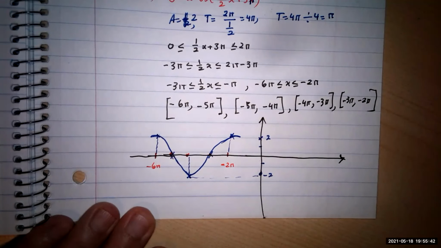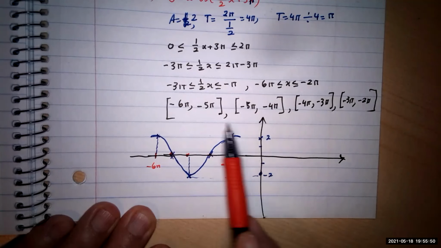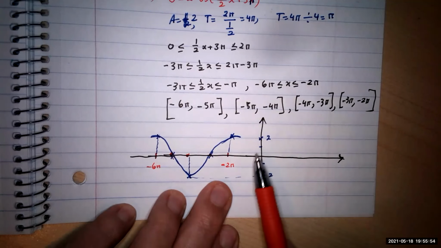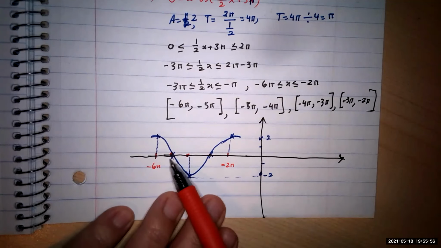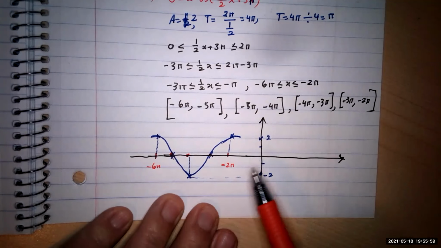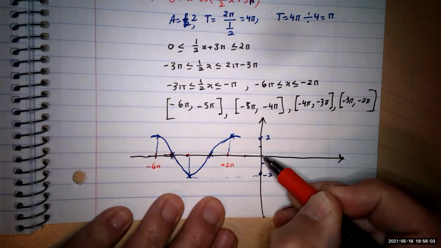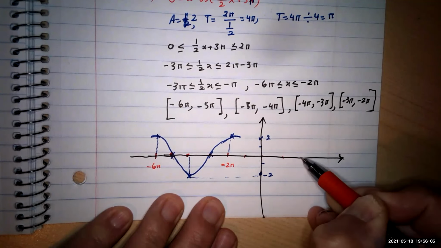Any question? Then you can move to the right or to the left. If you want to move to the right, you just go to the next part. The difference between these is going to be pi, so that gives you 1, 2, 3, 4.